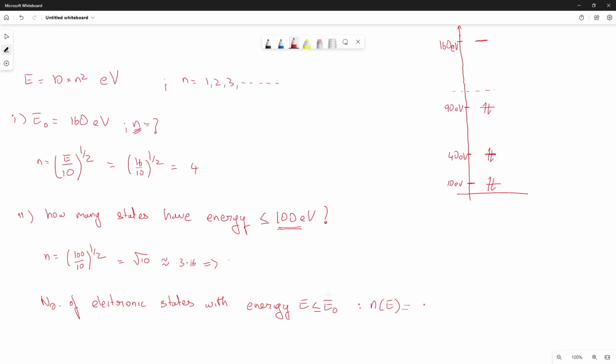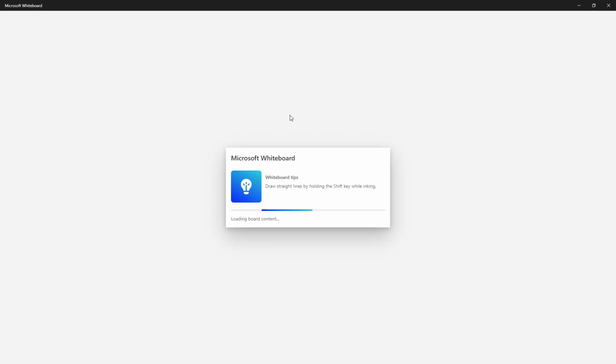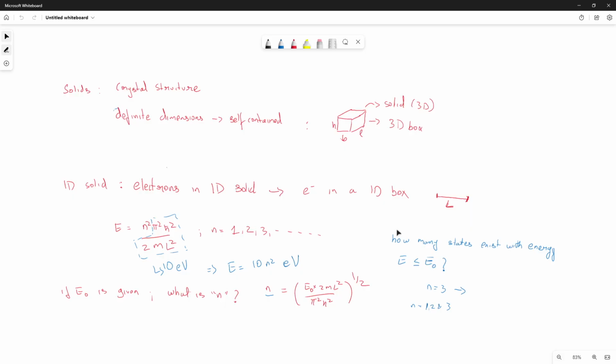So what is the formula for n in general, not just for this case, like when I consider a particle in a 1D box? That is this over here. Correct? Can you see this?